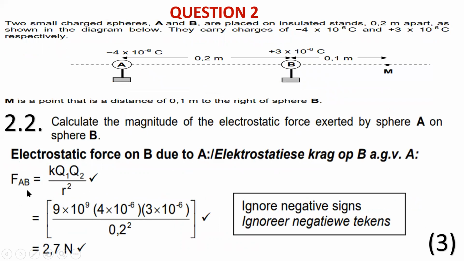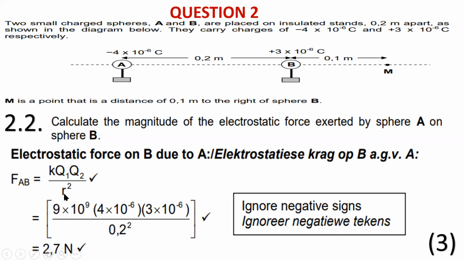We are using our formula, force equals k times Q1 times Q2 over r squared. As you know, k is a constant number, Coulomb's constant. Q1 is the charge of A, Q2 is the charge of B, and r is the distance between A and B. All right, not the distance between A and M, just the distance between A and B.